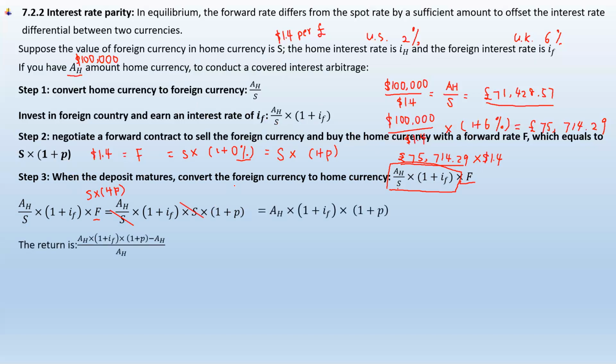And remember, after we find the ending balance in US dollars, this will be 106,000 US dollars. Then the percentage return will be 106,000 minus 100K.